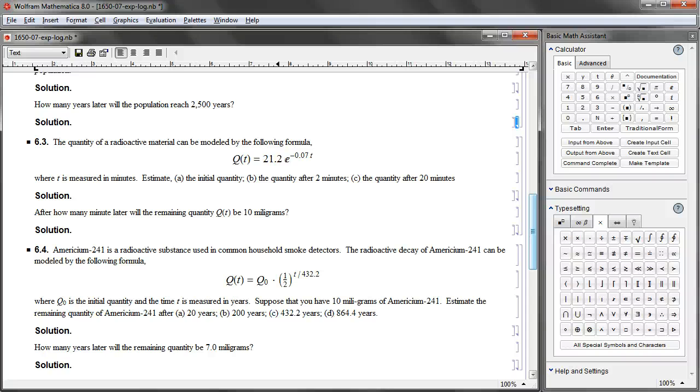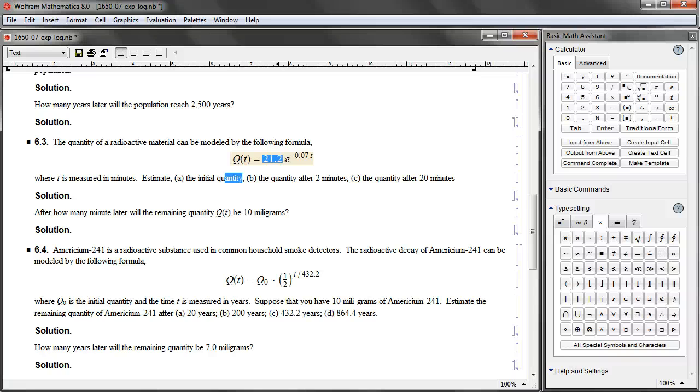A quantity of radioactive material can be modeled by the following formula, and then 21.2 must be the initial quantity. If you plug in t equals 0, then we have e to the 0 power, which is equal to 1. So the highlighted part here is 1. So Q of 0 is equal to 21.2. This is the initial quantity.